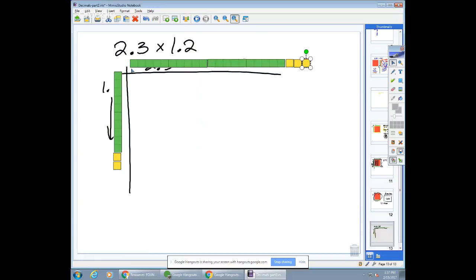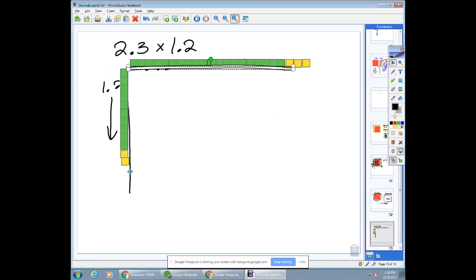And I need to tighten this up just a little bit. Let's bring you guys over there maybe. How about there? And you can go there, and you can go there. Okay.